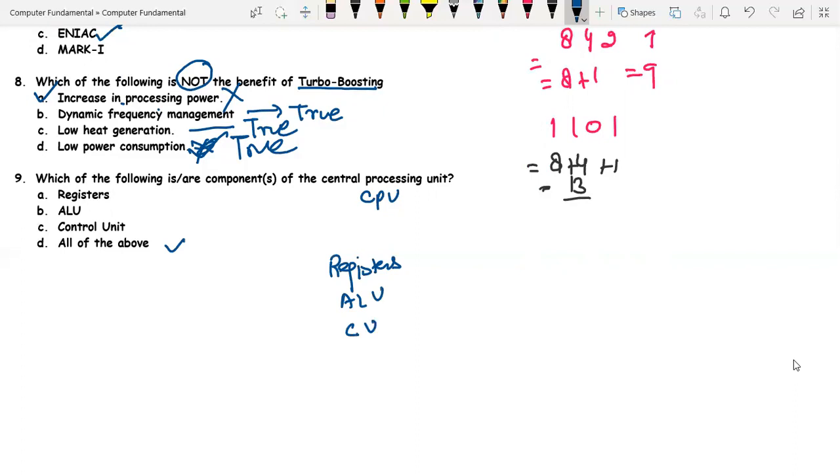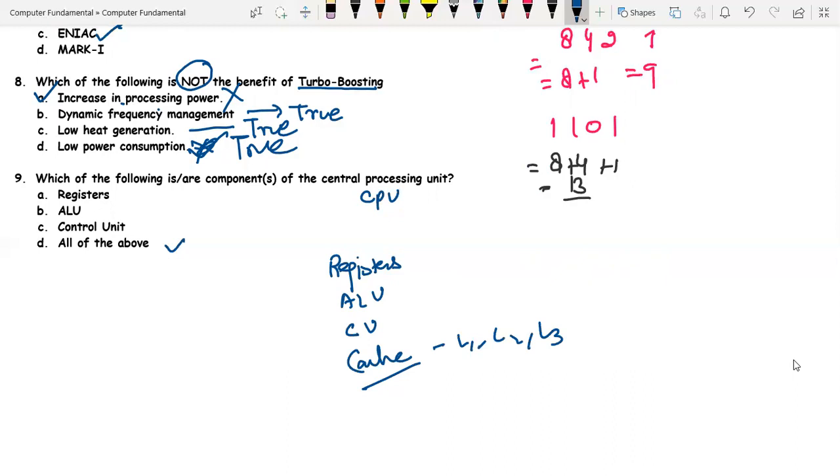Anything else that is also part of your CPU? There's one more thing: your cache memory. Yes, L1, L2, and L3.